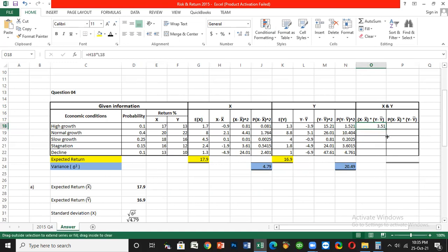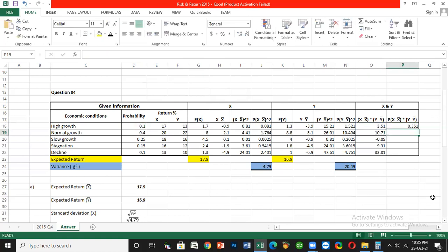Then we can track for all the economic conditions. So this is the value of (x minus x bar) multiplied by (y minus y bar). Then the second step is this value multiplied by probability. 3.51 multiplied by probability.